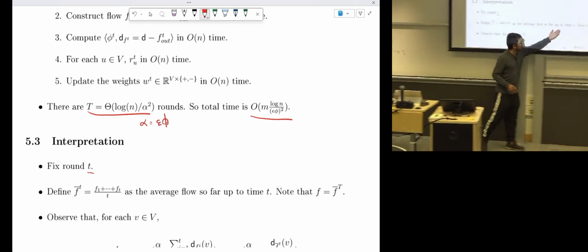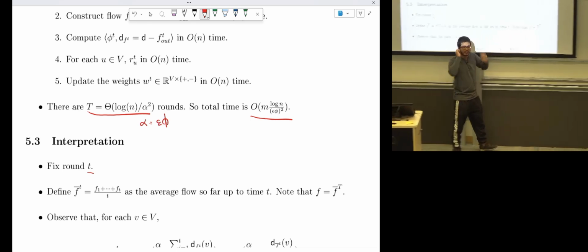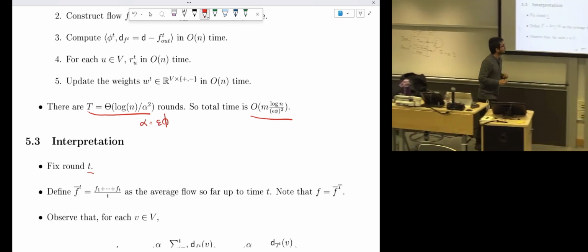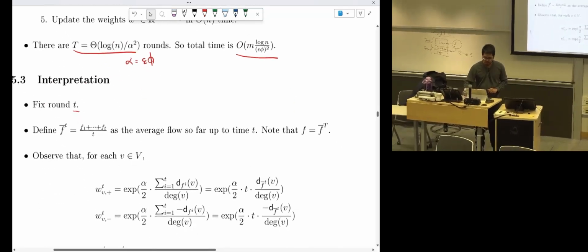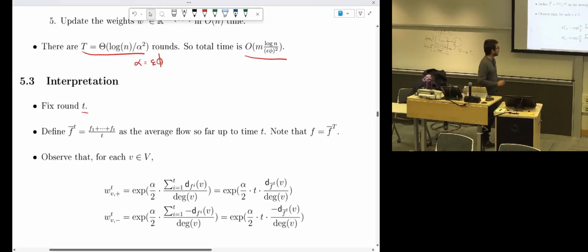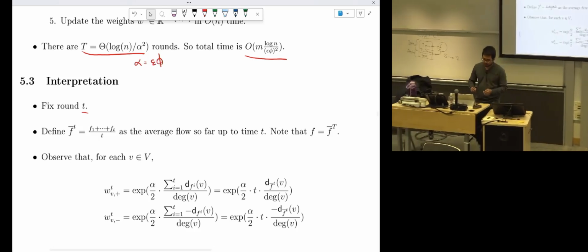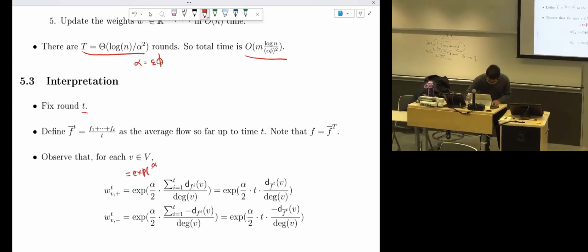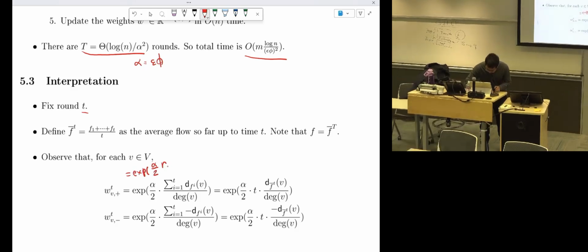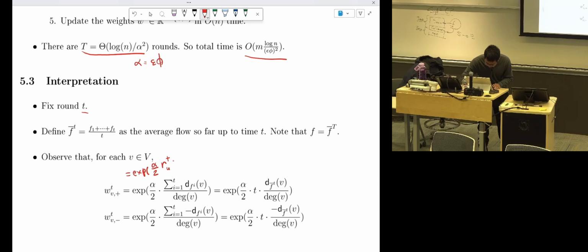And what we return is just f bar capital T. Now, from how we update the weights, we update the weights such that this thing is x at time t.